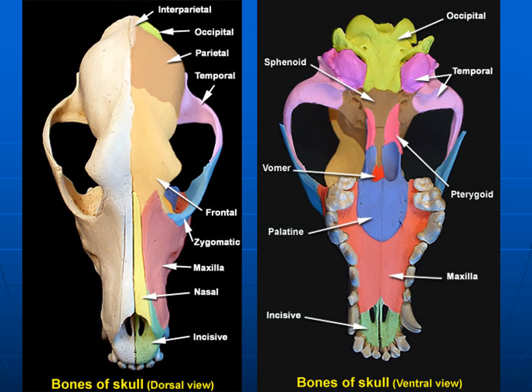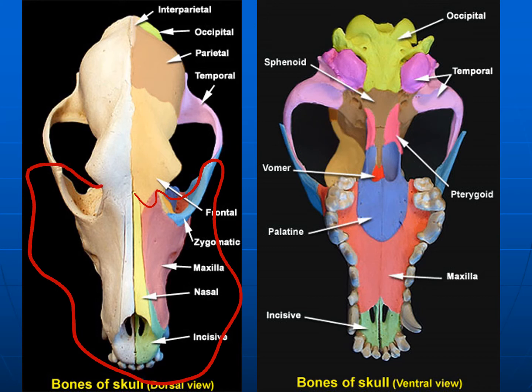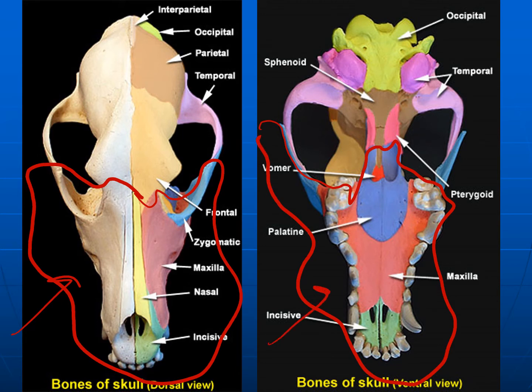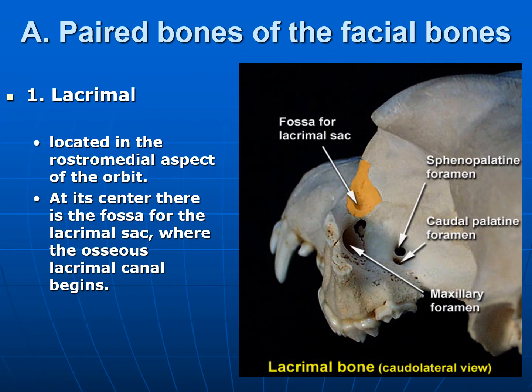So we can see here again these bones found inside the rostral portion. This bone found in the rostral portion, this one here, is considered a facial bone, and also this one that helps in the roof of the oral cavity. All of these bones are the facial bones. The rest are the brain case.